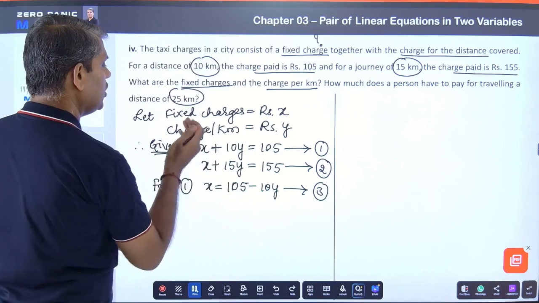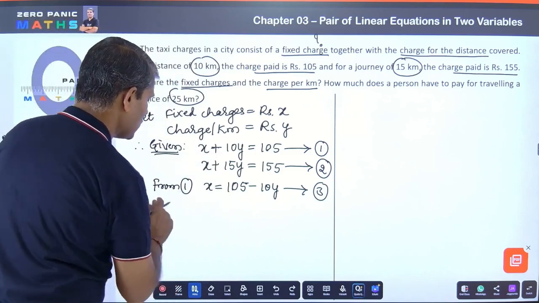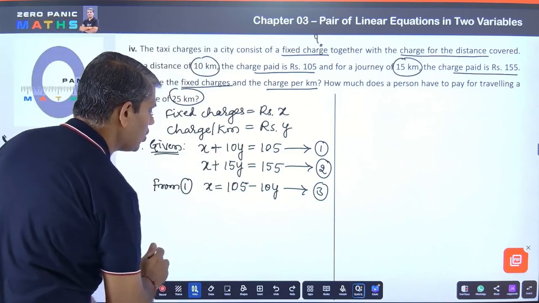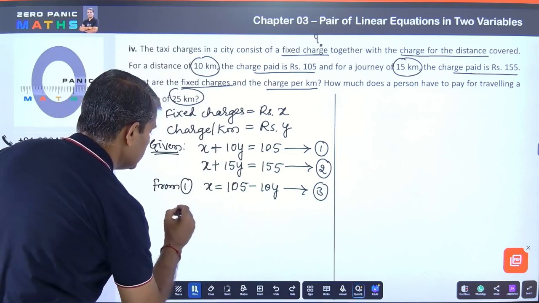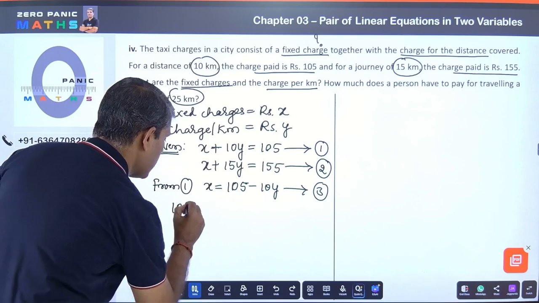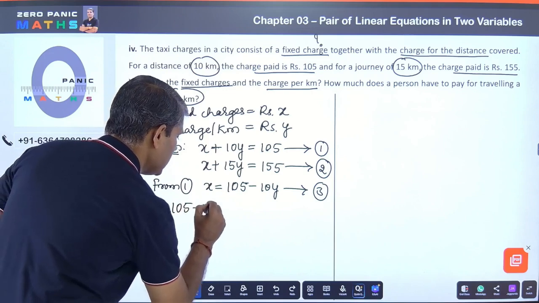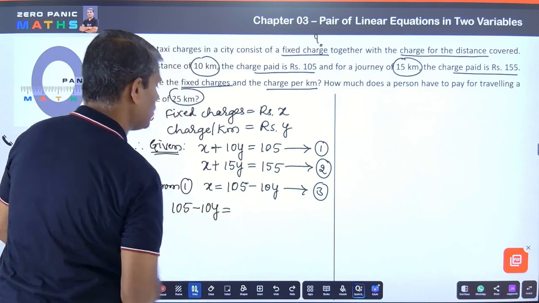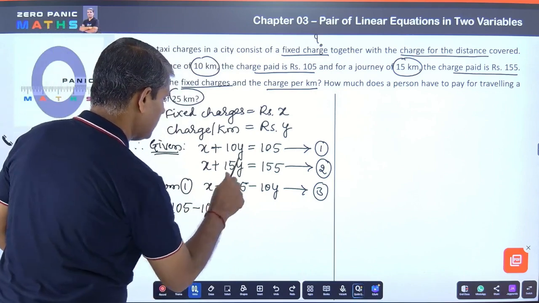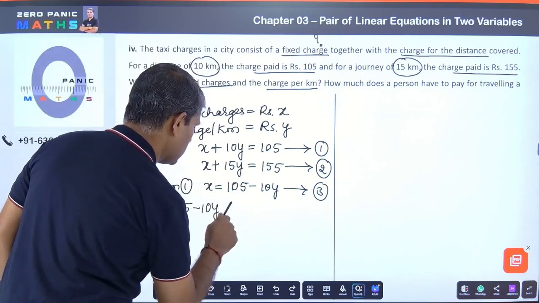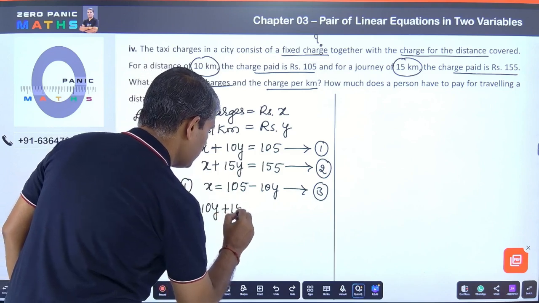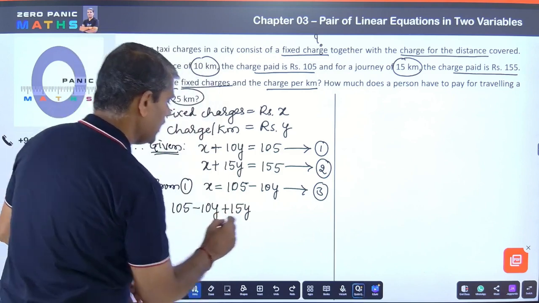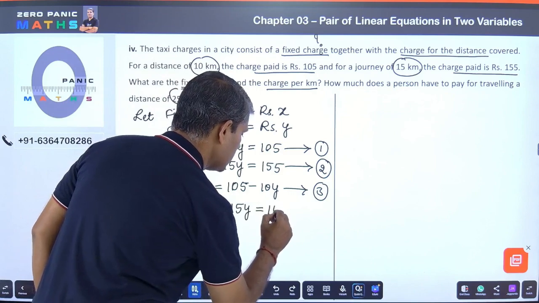Substitute equation 3 into equation 2. You should be writing that line here. Okay, 105 minus 10y plus 15y is equal to 155, right?